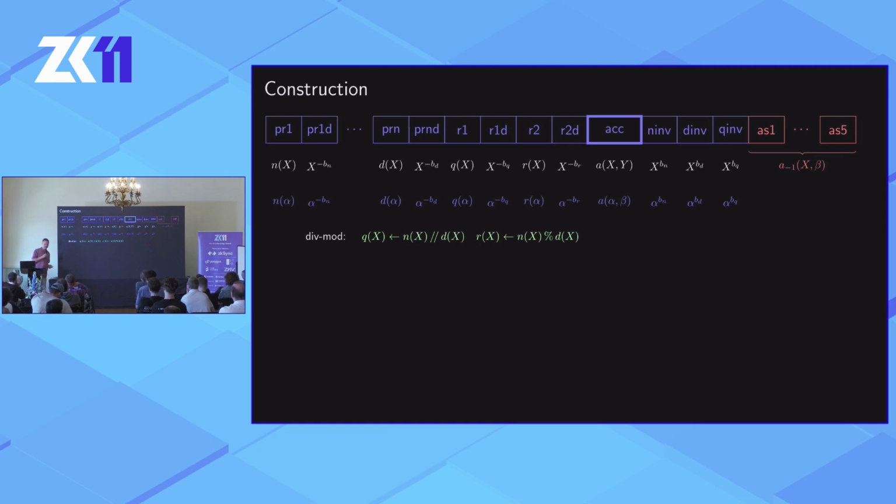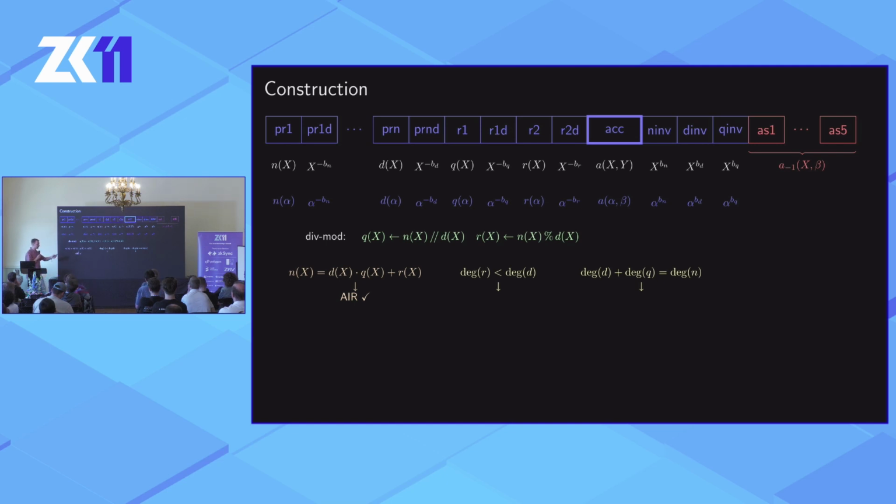And so, in order to authenticate a divide, a polynomial long division resulting in both a quotient and a remainder, we have to establish this relation where double slash denotes divide and forget about the remainder, and we have to establish their degree bounds.